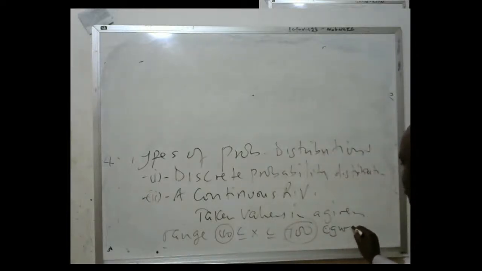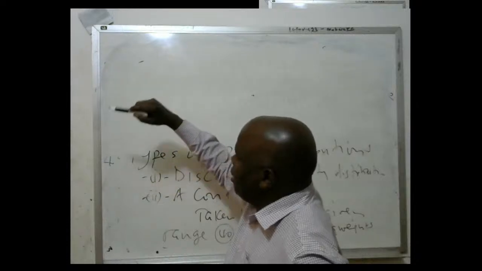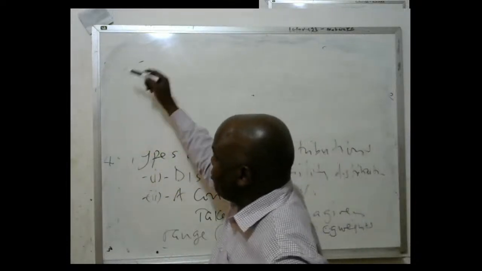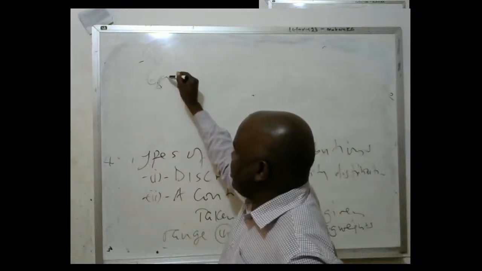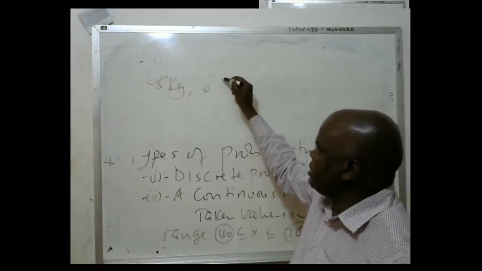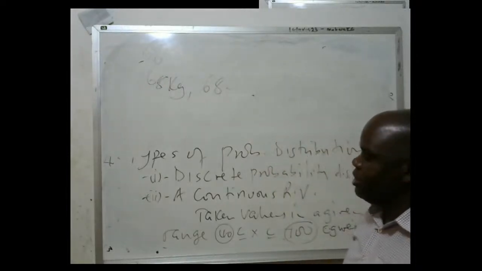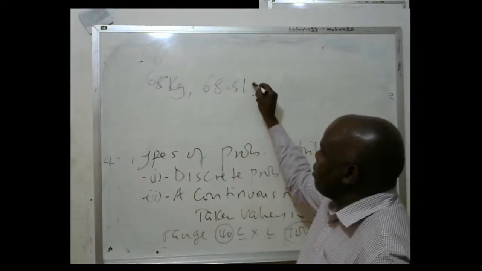For example, our weights. The last time you measured your weight, it could be 68 kilograms. Then after a lockdown and eating a lot of food, you now have 68.5 kilograms.